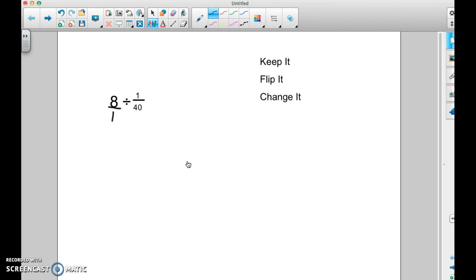Let's follow what a lot of you looked at me and said, and let's think about keeping it. Changing this, right? And then flipping this, or doing the reciprocal of this, right? Which would be 40 over 1.